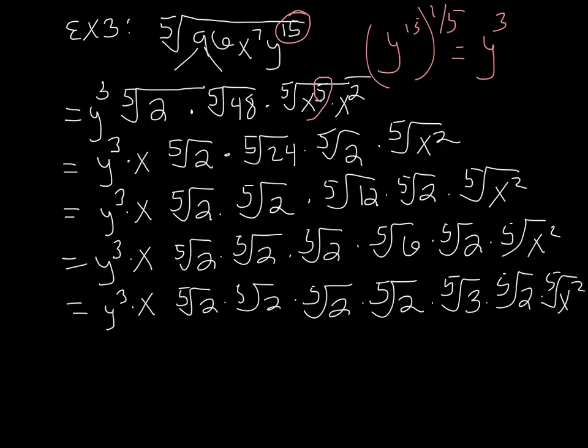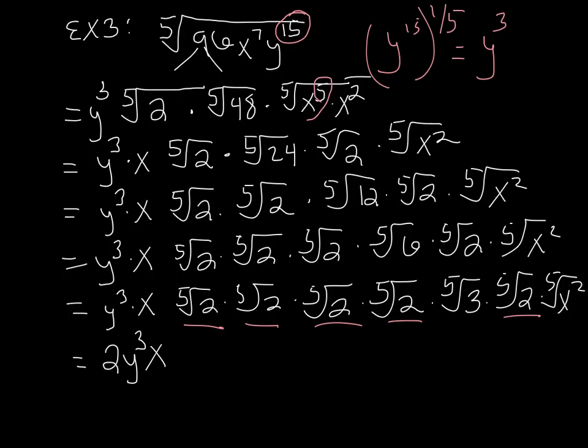Okay, so at this point it looks very messy, but what I want you to do here is now we've simplified everything as far down as we possibly can. If we have 5 2's, then I know I can pull that out. So there's 1, 2, 3, 4, 5. Okay, so now I know I can pull out a 2. So I have 2y cubed x.